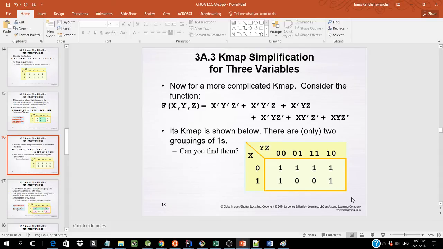Now, when you look at a K-map, this is important, so pay attention. It's not a flat 2D, it's like a 3D ball. Meaning this side connects to this side: the right connects to the left, and the bottom connects to the top. It's like a ball. So you're going to group adjacent cells.